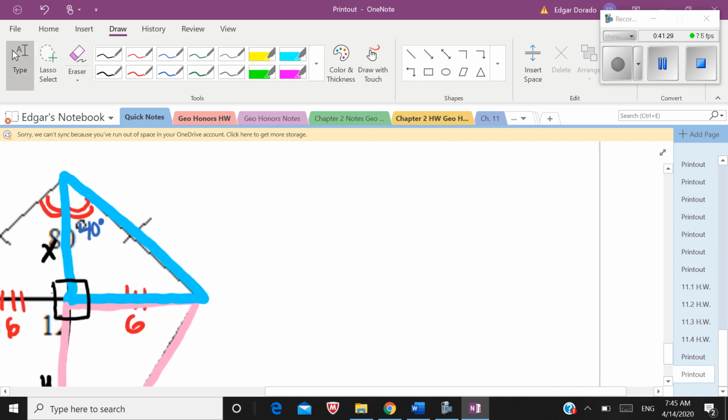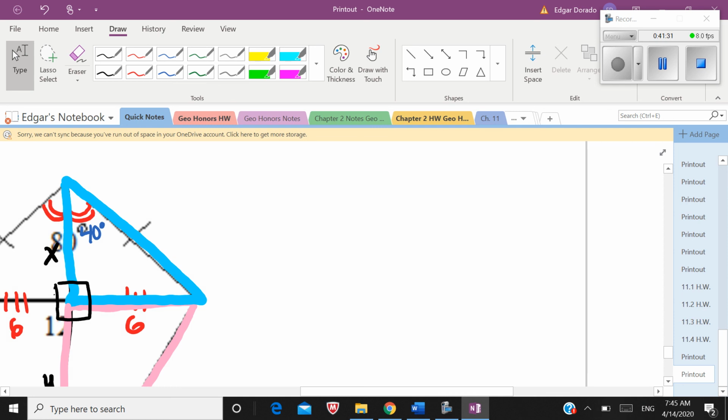Well, guys, we only have a side, and we have an angle. When we have an angle and a side, you have to use some trig. So how do I find that missing x? Well, here we go.